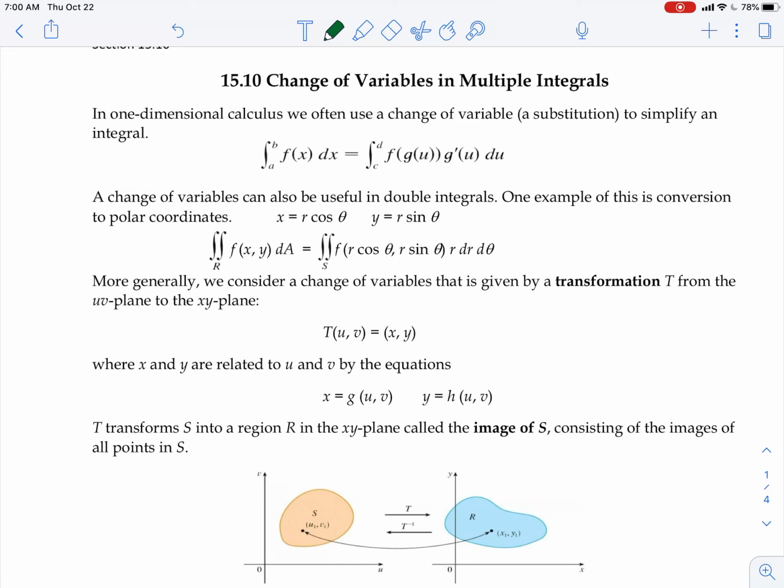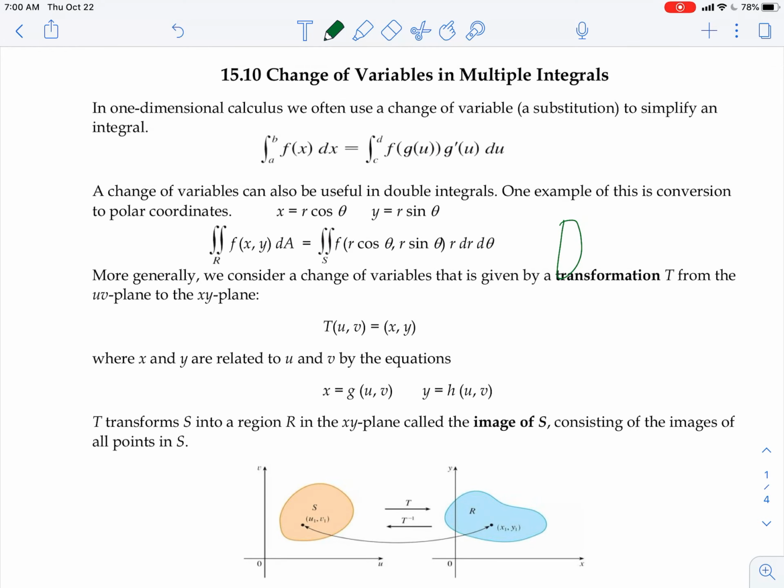Usually the ones that we're going to change are going to be something like an ellipsoid, and we're going to change that into a circular region, because we can use polar to help us double integrate above that region. For a paraboloid, it's going to be much more difficult, so we're going to change paraboloids and ellipses to circular regions.